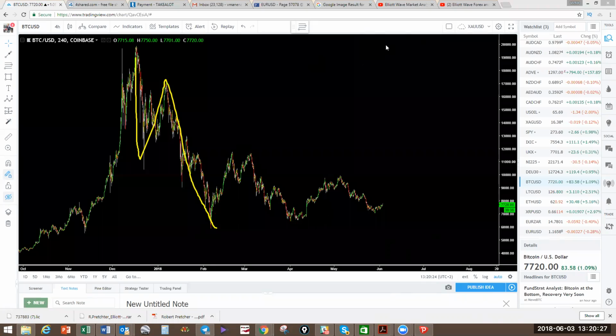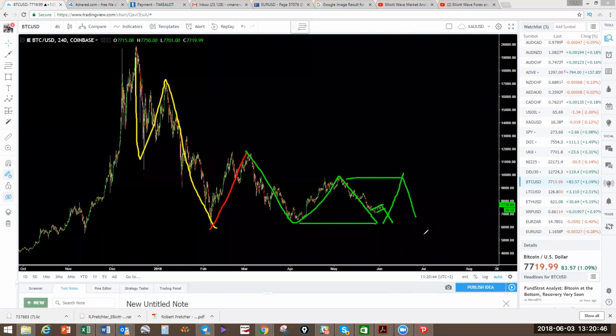So now we're looking for this one, and now we're looking for this 1, 2, 3. We want it to come test this level, possibly come here. You can see here we're correcting with this level 1, so it does not mean it's going up. It may come back here to this level. If it comes there, it could do this move here before we get the red. So the next immediate move is this one that will retest the top.